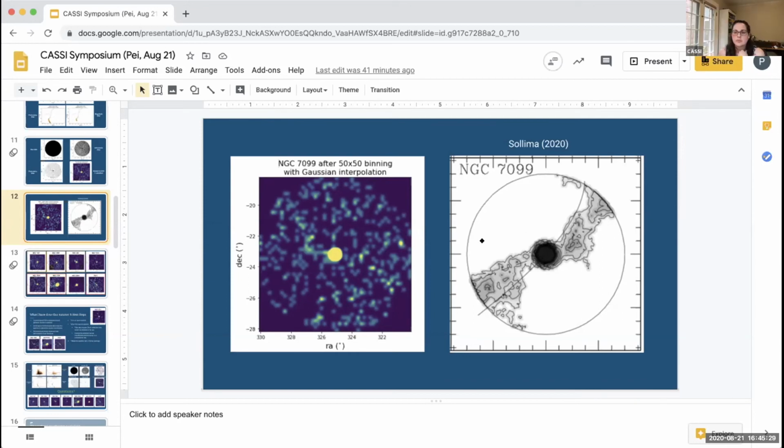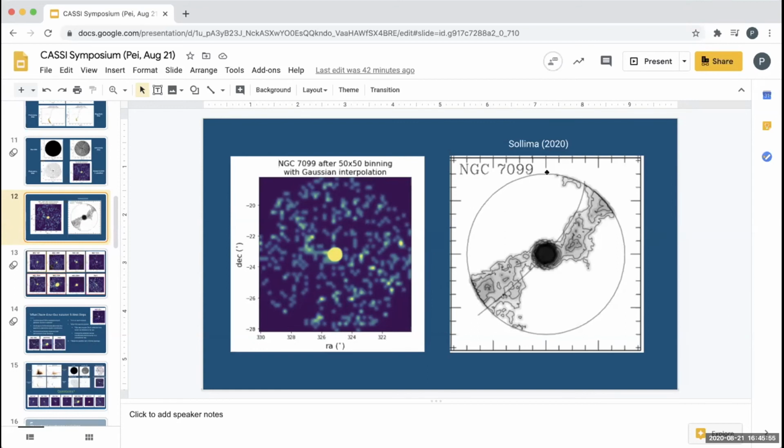Any other questions for Pei? I have a comment, not a question. I think it will be good for you to also overplot the proper motion of the galaxy along with the tails and see if they align, because if it's really the tidal tail, the proper motion after correcting for the solar motion should align with the orientation of the stream or the tail. Okay, yes, that's a great point.